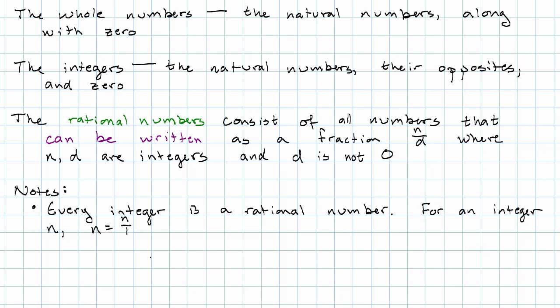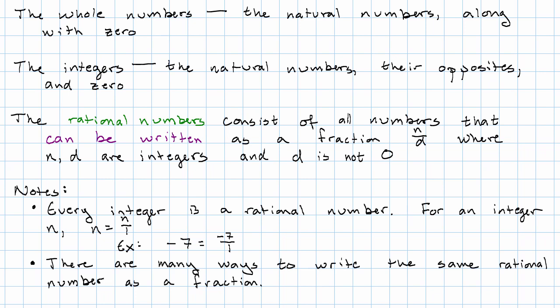Why? For any integer, we can write that integer over 1 as a fraction. So -7 is -7 over 1. The second thing to note is that any given rational number can be written as a fraction in several ways.